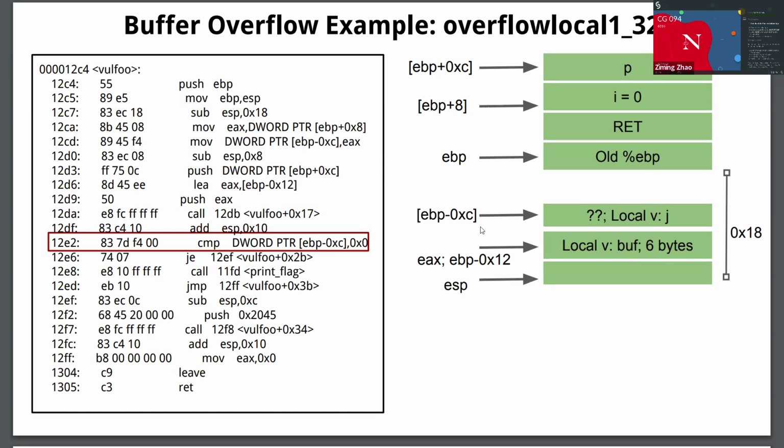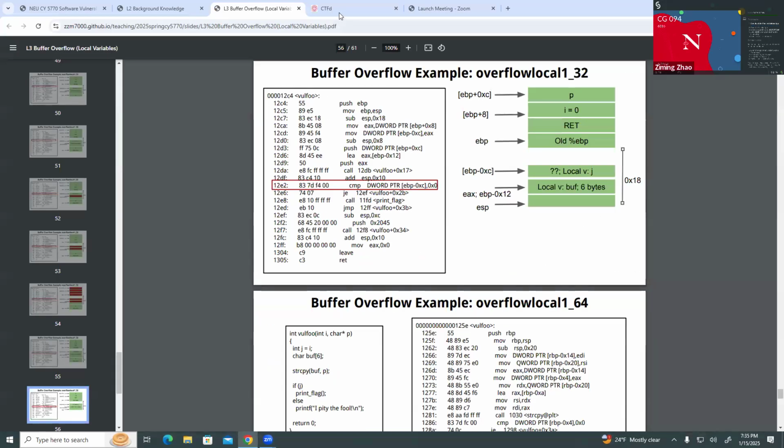What is EBP minus 0xC again? J, right? So we're comparing if J has a value of 0. If J has a value of 0, we print out IPT the full. If J doesn't have the value of 0, we print out the flag, basically, right?